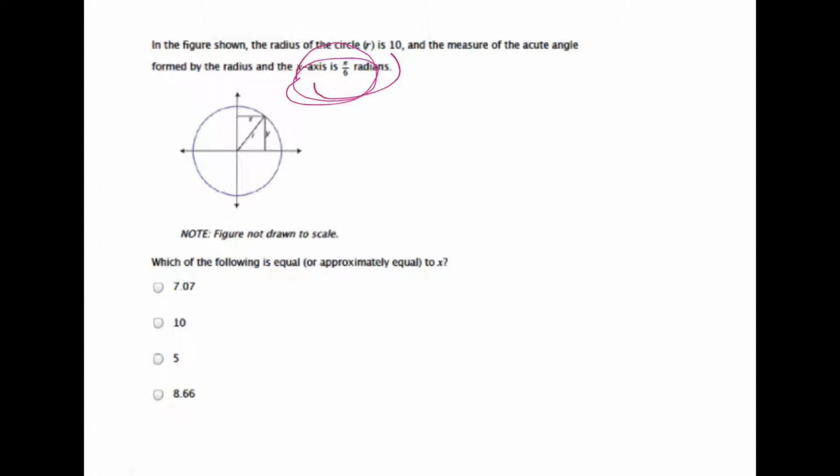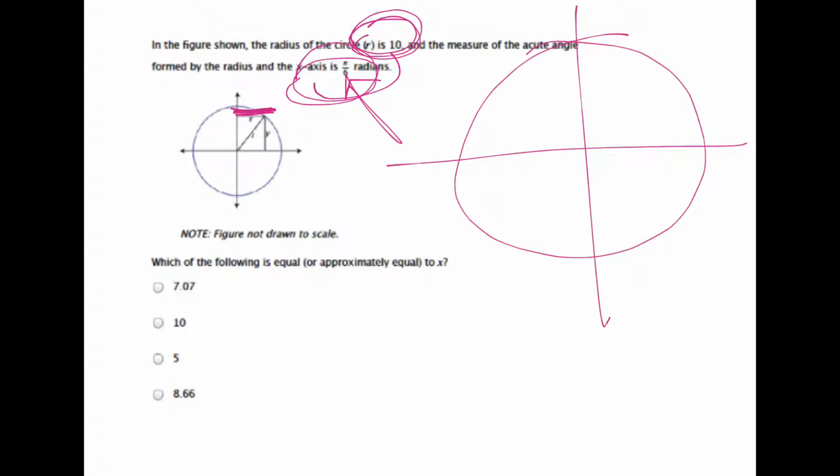So from the y-axis over, that would be the same thing as your x value, or we know that as our cosine. The only difference is it says the radius is 10. Well, on the unit circle, what is the cosine for pi over 6? On the unit circle, what is the cosine for this one right here? Remember, cosine is the x value. So hopefully you remember that.